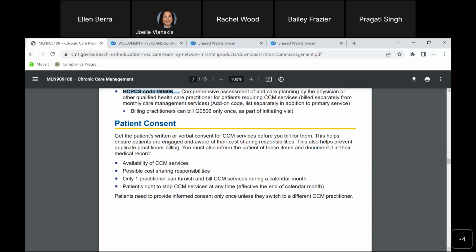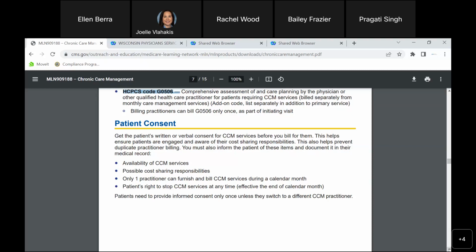So if the patient has multiple providers that they're seeing, you want to be asking the question, has anyone else had this conversation with you? Does anyone else, or has anyone else, mentioned to you that they're going to begin billing chronic care management services? Because again, only one can bill.